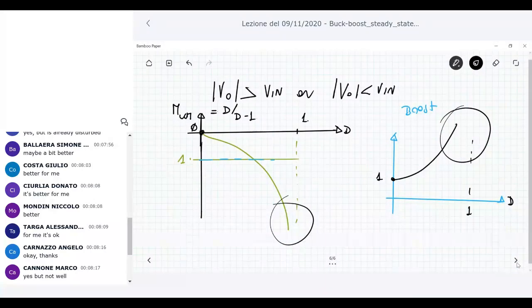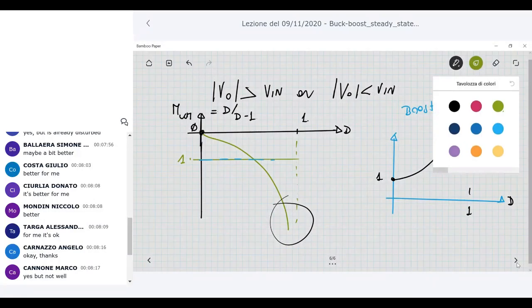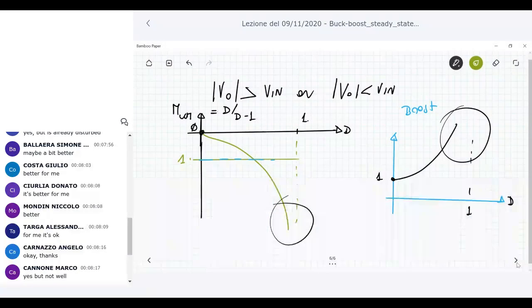So remember what we said about the boost. This, in practical circuits, is impossible. Okay? What happens is that, due to some effects of parasitic elements, the real curve is something like this. So you have a maximum possible duty cycle, and then if you exceed this duty cycle, the circuit does not operate as a boost.